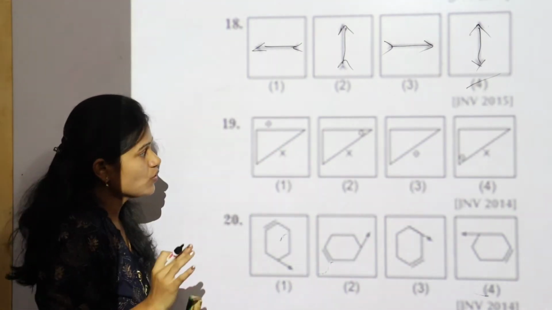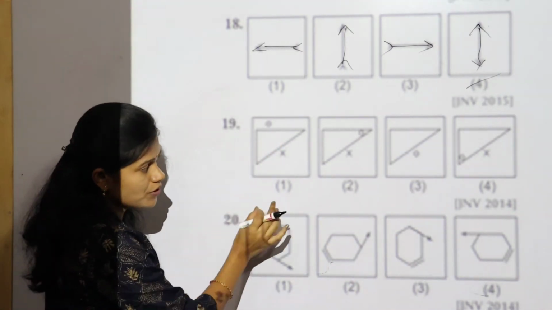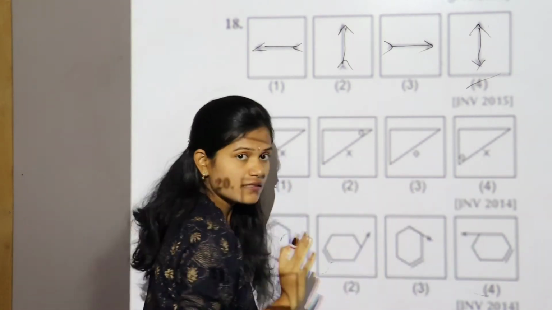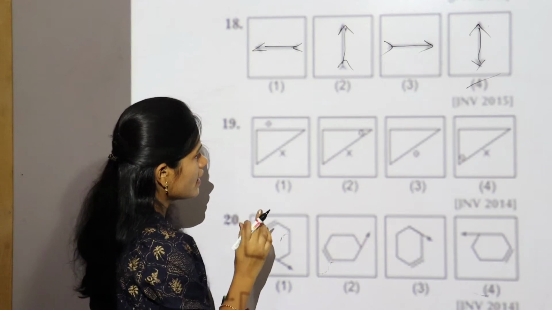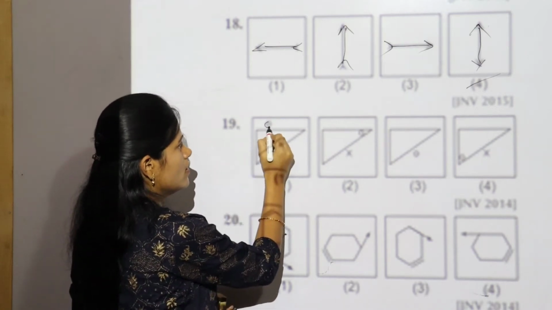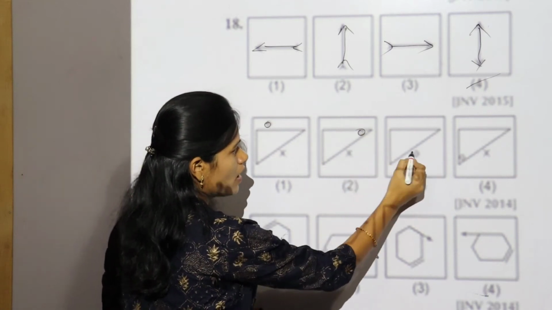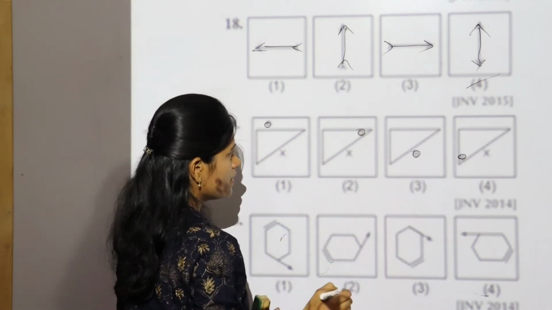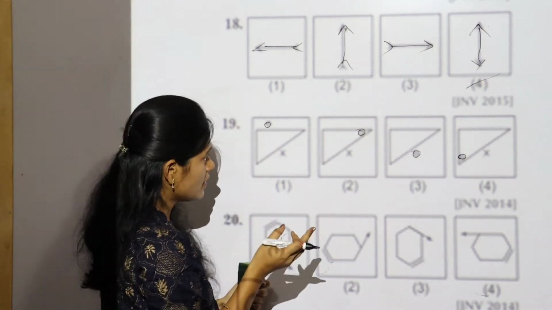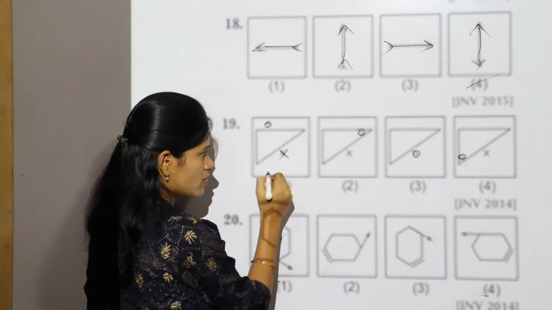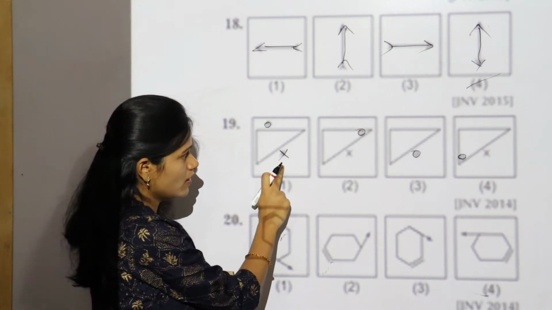Let's take 19 questions. First you observe all the boxes carefully. All the boxes have a triangle. Next check this circle. This is present outside the triangle. Inside, outside, inside. Two are inside, two are outside. Let's check now this cross, which is present outside the triangle.